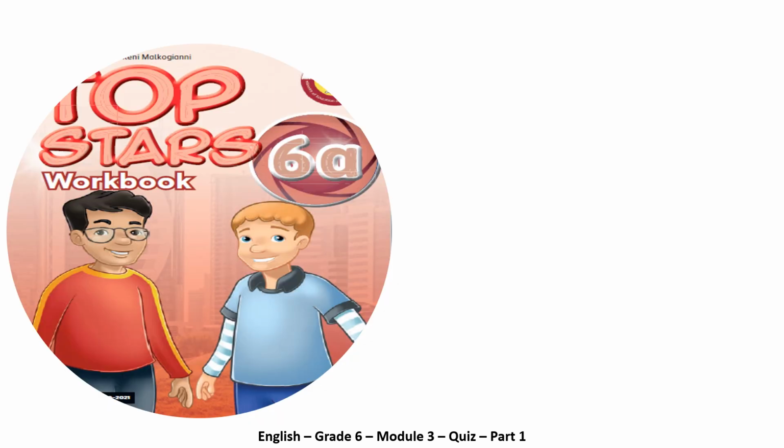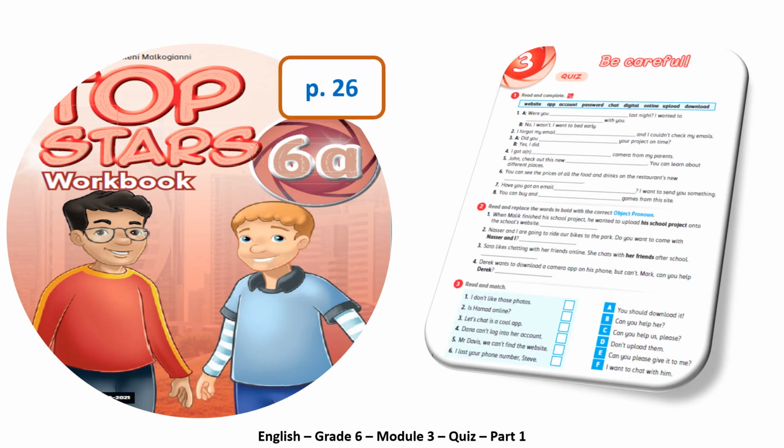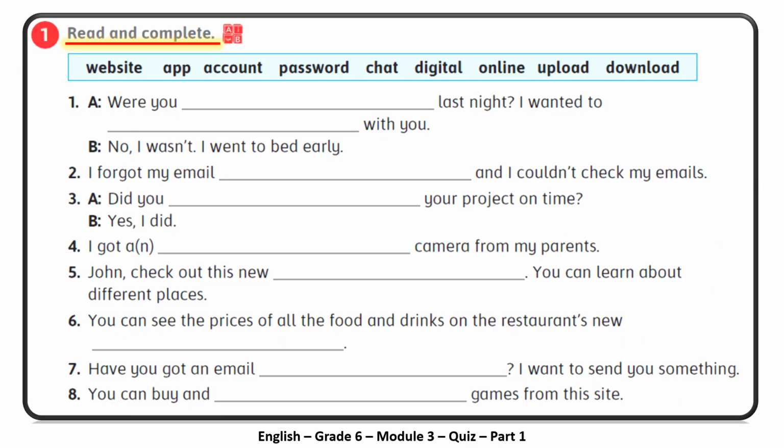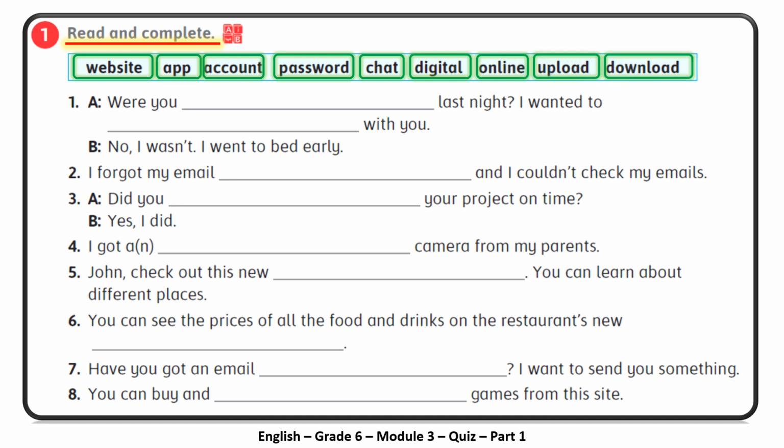Workbook. Please go to your workbook, page 26, especially exercise 1. Read and complete using the words in the box. Before we answer, let's read the words together. Website, app, account, password, chat, digital, online, upload, and download.